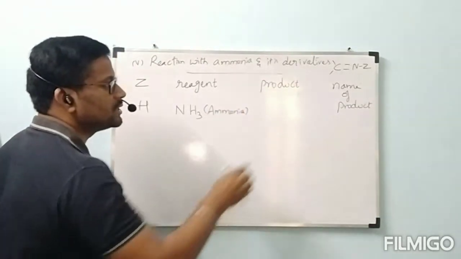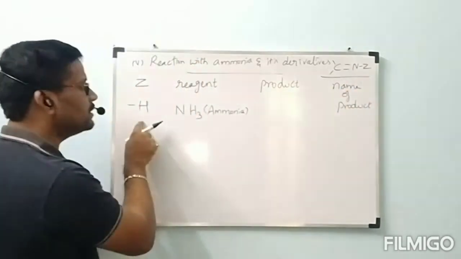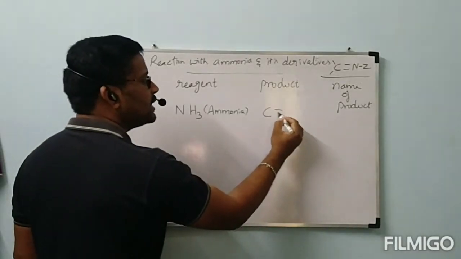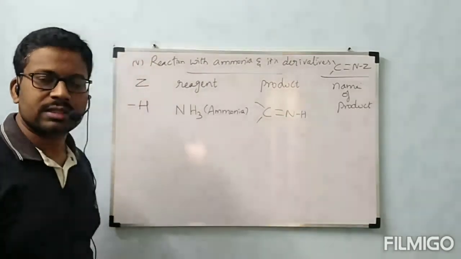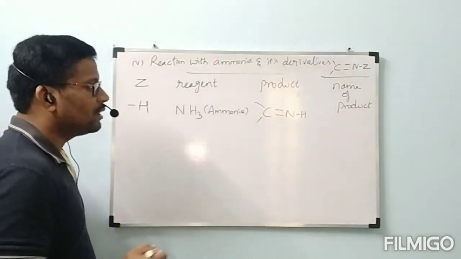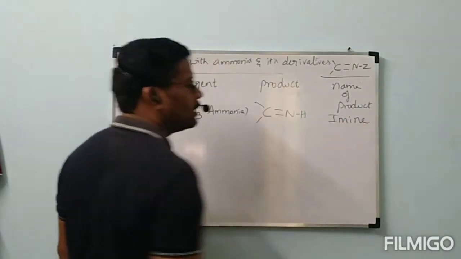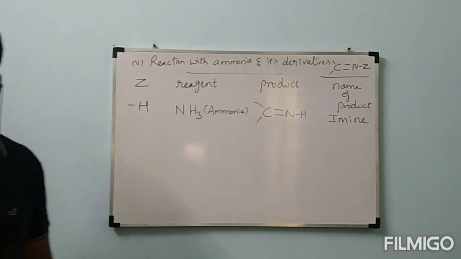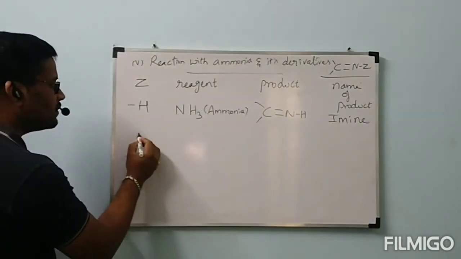What is the product? See, C double bond NZ. This is the product now. Now Z is equal to H only. Let us write the C double bond NH. Now, what is the name of this product? This is imine.